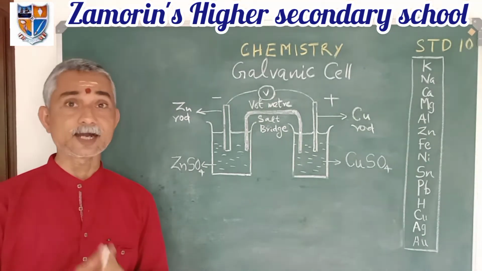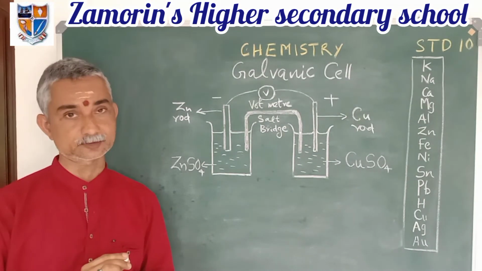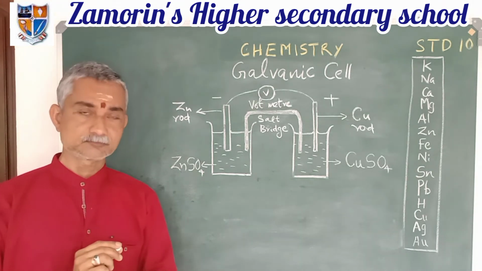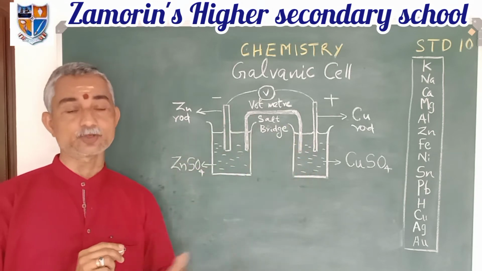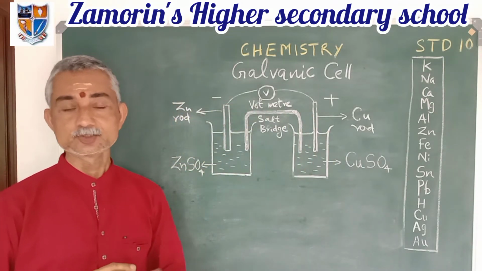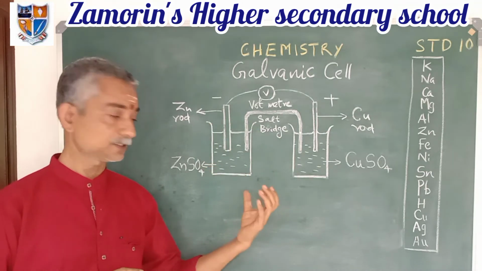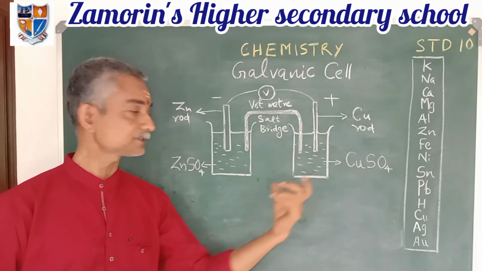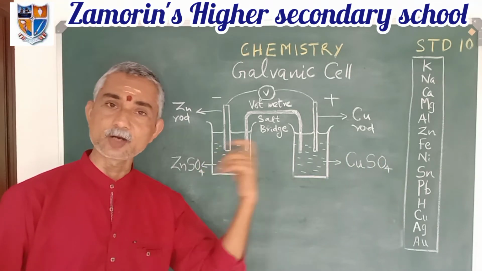Now we can see how a redox equation is written. Usually in the exam, they will ask you to write the redox equation, that is oxidation and reduction. So we take the left part as one pair and the right part as another pair. See how it is written.